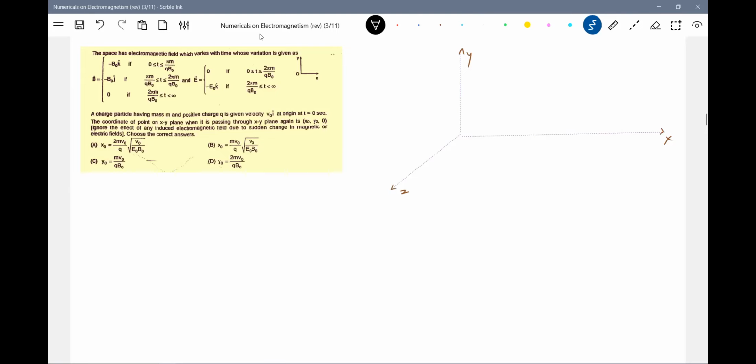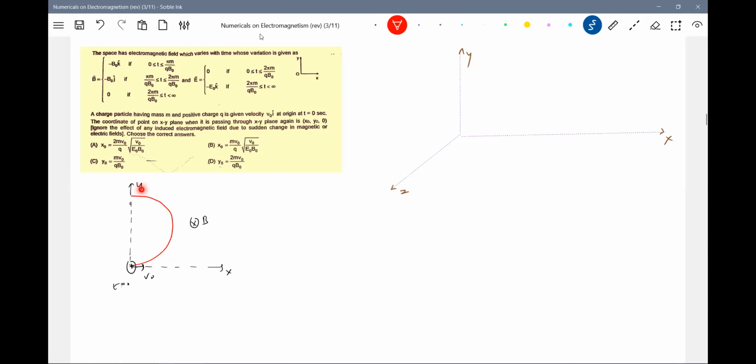First, where is the particle? It is given a velocity v naught from the origin. The B bar is everywhere into the plane at t equal to 0 seconds, for time interval pi m by q b naught. Half of the time interval means it should take a circular path.